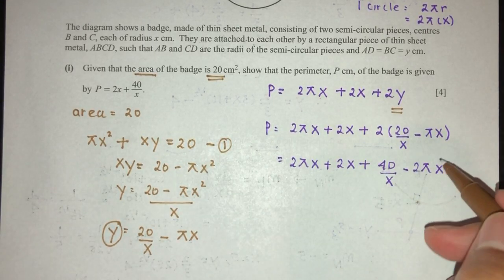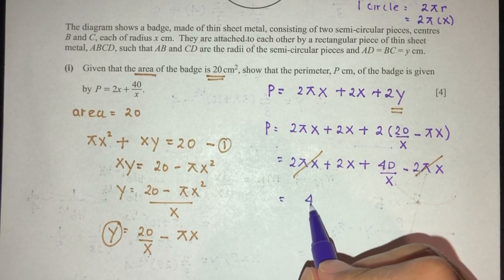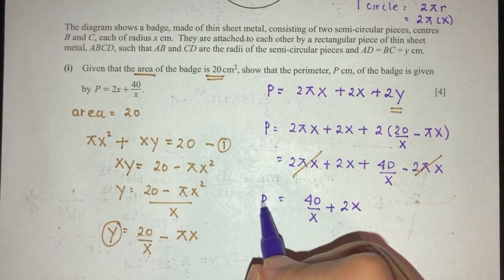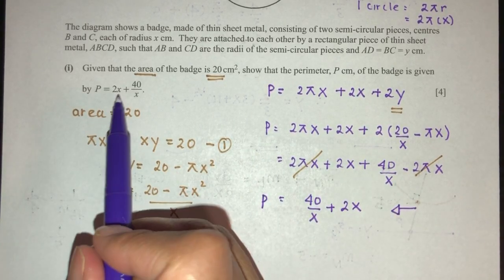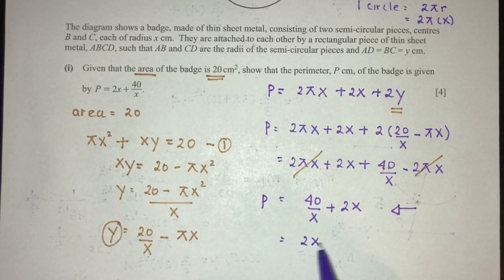Now these two cancel out. So your answer will be 40 over x plus 2x. And that is your value of P. This is shown as required, right? Or you can write it down the same way, 2x plus 40 over x, shown as required.